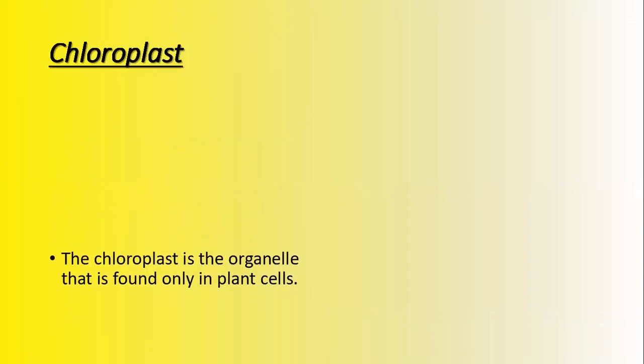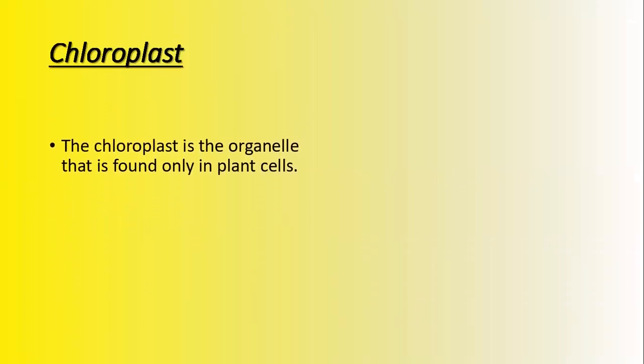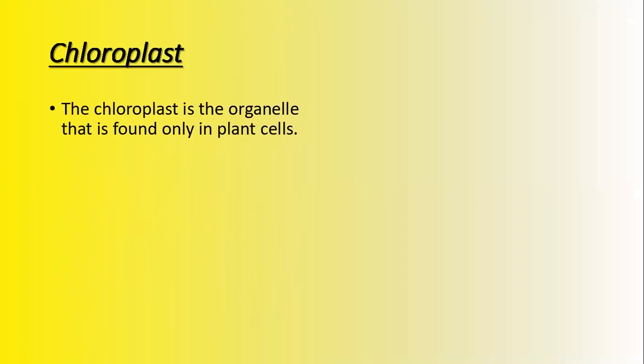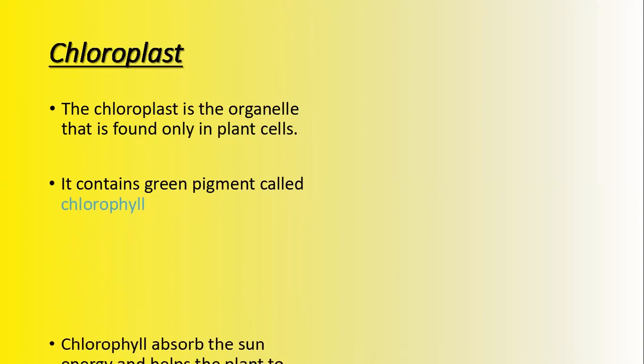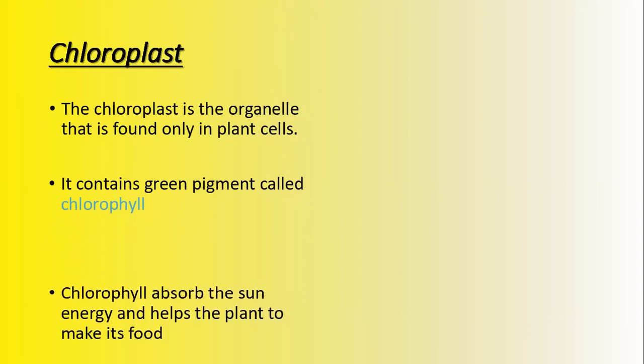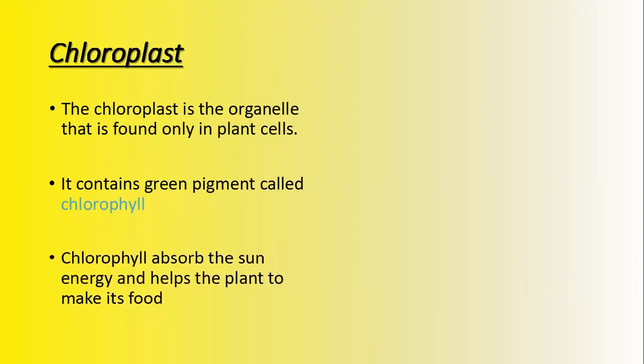Chloroplast. The chloroplast is the organelle that is found only in plant cells. It contains green pigments called chlorophyll. Chlorophyll absorbs the sun's energy and helps the plants to make their food.